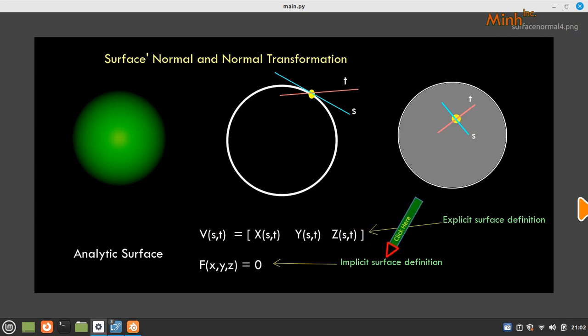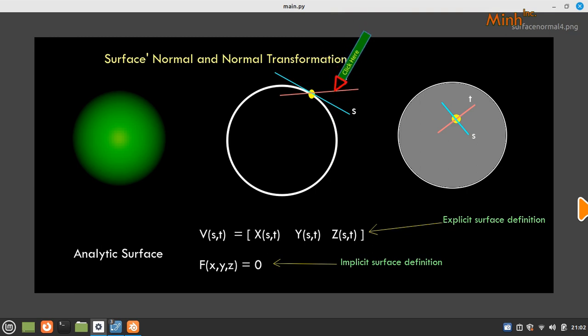Now, we want to calculate the area of a surface. So, if this is a sphere and I draw a sphere like this, at any point, if I do the differentiation along the S direction, it will give a tangent.